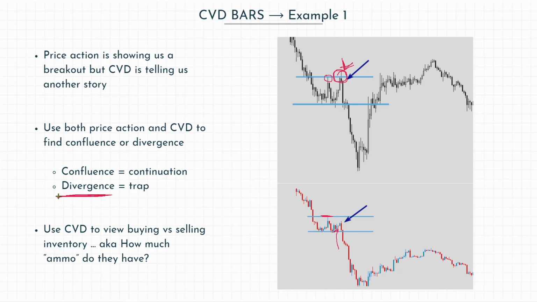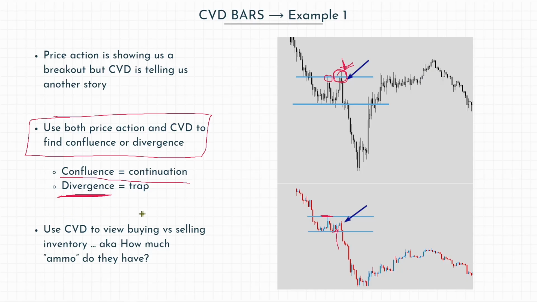When you're seeing divergence, you want to start thinking trap. There's something going on that is probably trying to trick me. You want to use both of these together to find confluence. When there is confluence, that is a sign of continuation, right? And when there is divergence, that's a sign of a trap.